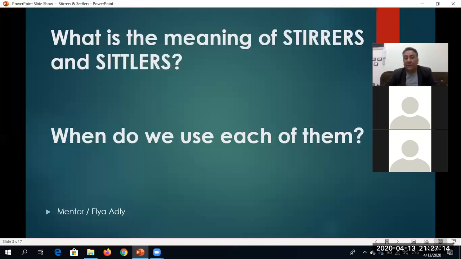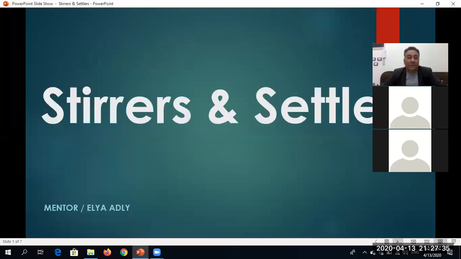But for the stirrers, it means that we can activate the students and make them more active in the classroom if they are not active or quite lazy.